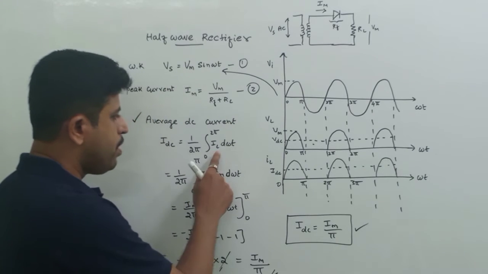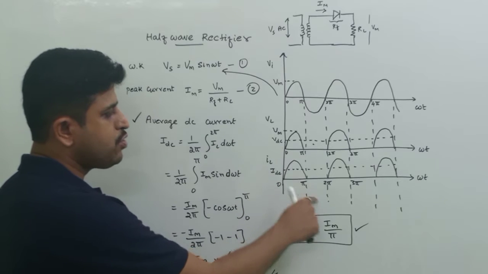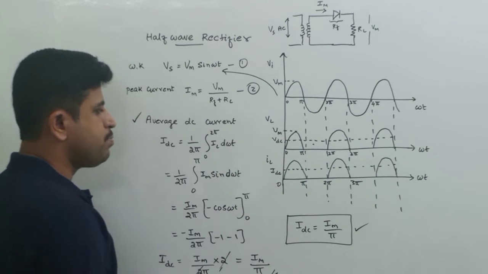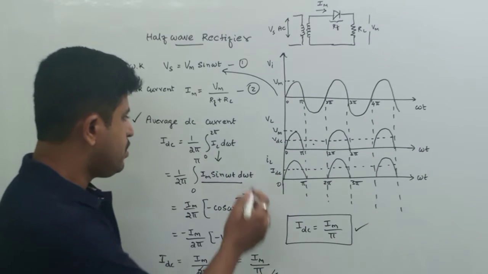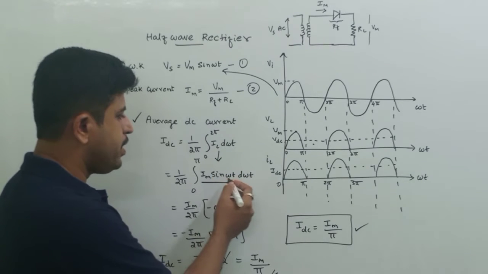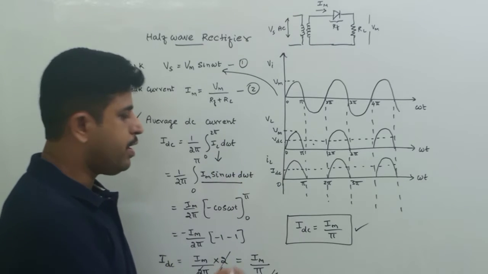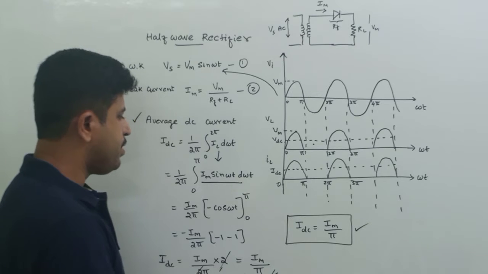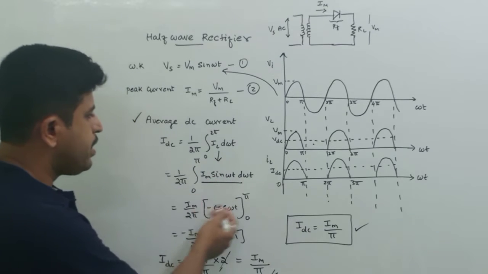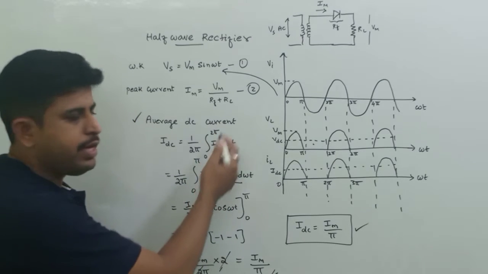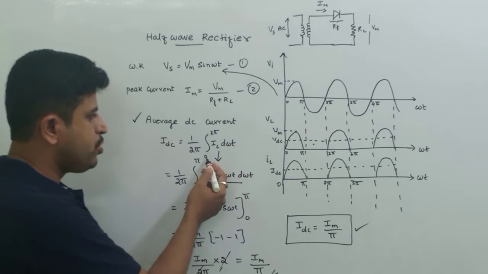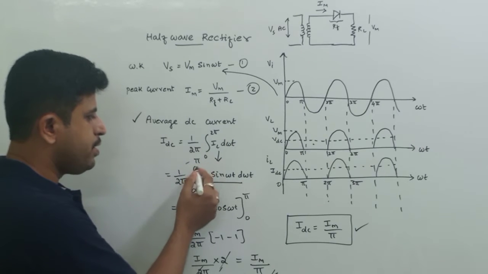So here what is IL? Again, IL is sinusoidally varying here, so IL can be written as Im sin omega t, as a function of omega t. So now we can integrate this, but you can see we have changed the limits from 0 to 2 pi to 0 to pi here. Why?